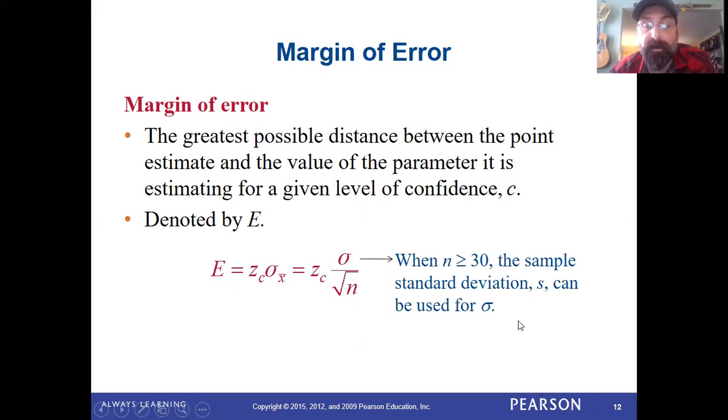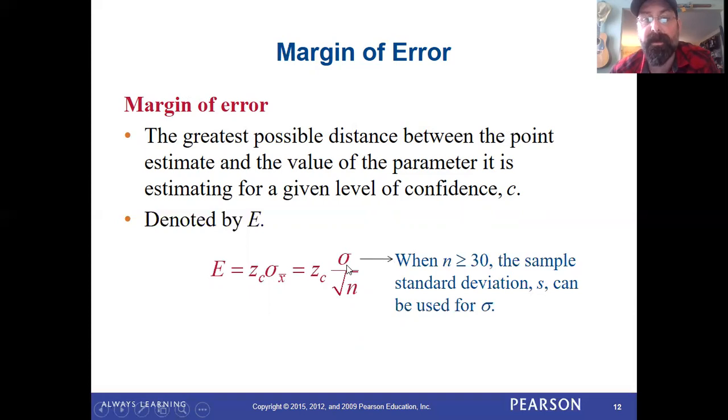Now this note here in blue is quite important. If the sample size is bigger than or equal to 30, meaning in central limit theorem part 1 works, then we can actually use the standard deviation we get from the sample, S, in place of this sigma here. It's not very realistic to think we know what sigma is. Remember, sigma is the population standard deviation. What we're trying to do in this chapter is to determine what mu is.